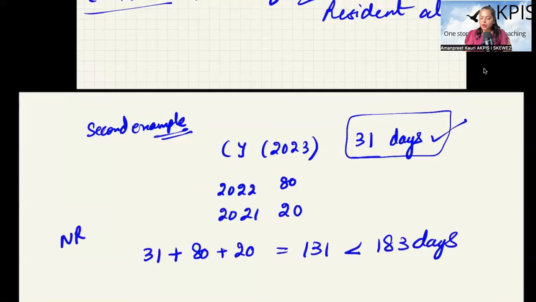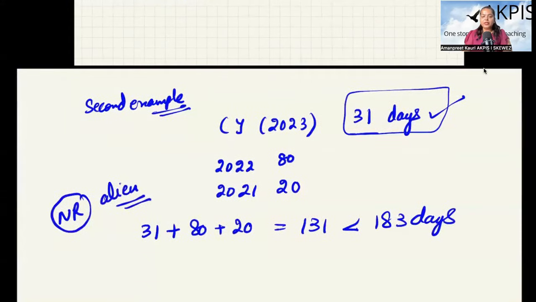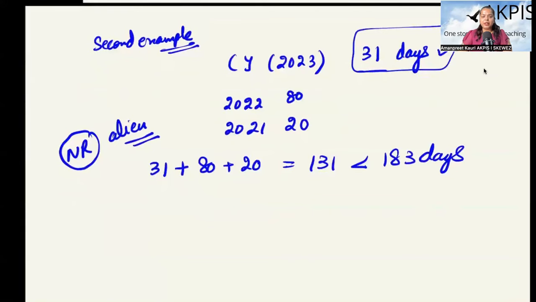Straight away, non-resident alien. So if a person is a non-resident, he is supposed to pay tax only on income earned in the United States of America, not on worldwide income, but only on the income earned in the US or business connected within the US.